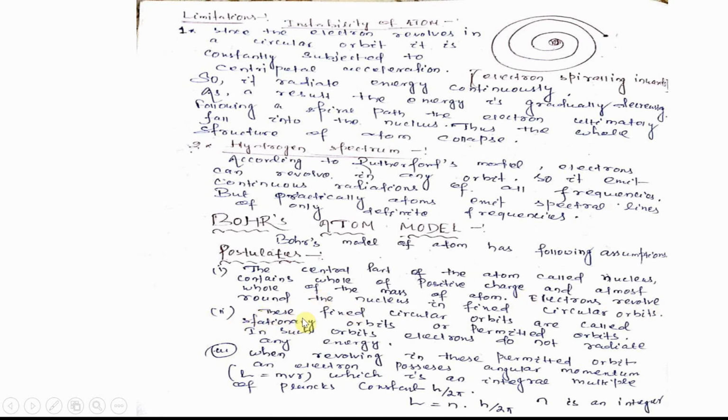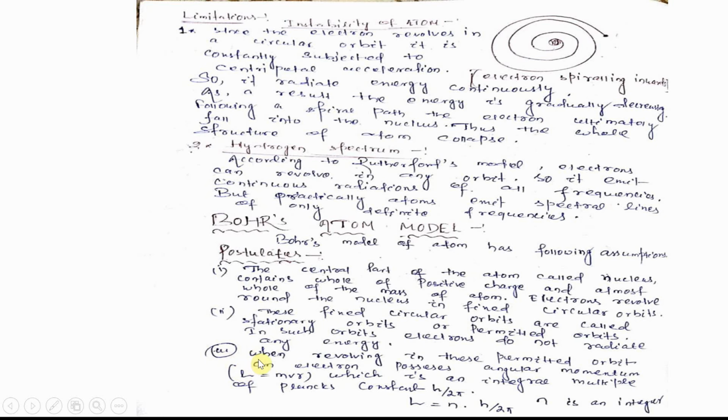And the second postulate is that these fixed circular orbits are called stationary orbits or permitted orbits. In such orbits, electrons do not radiate energy. So the failure can be clarified by this stationary orbit or fixed orbit. When the electron is in the stationary orbit, it will not radiate energy, so instability will not occur.